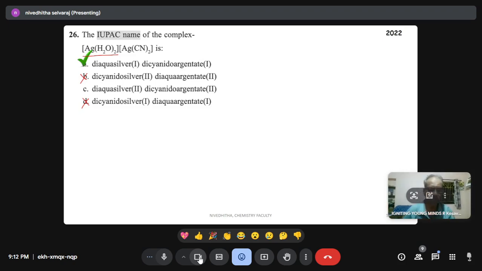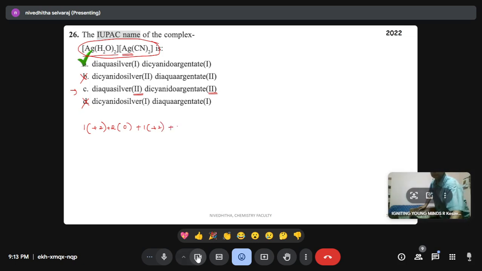I have another way to check whether the oxidation state of silver is +1 or +2. See, actually the total charge on the complex is 0, right? Now let us apply this third option. I have only one silver and the oxidation state of silver seems to be +2. And I have two water molecules and the charge of water is 0, plus here I have only one silver and the oxidation state of silver in the second complex is +2.